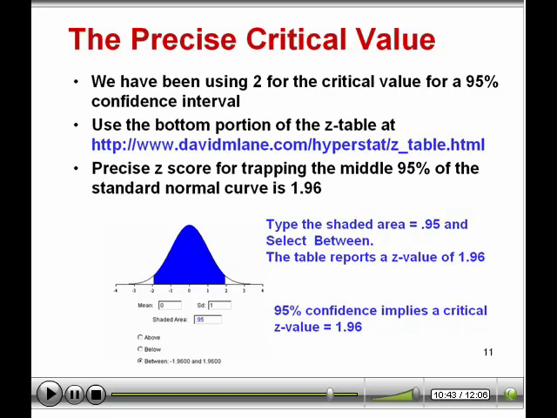Now 1.96 is certainly close to 2, but it's not exactly 2. So from now on, when we want a 95% confidence interval for a proportion, we will use 1.96 as our critical value, not the number 2.